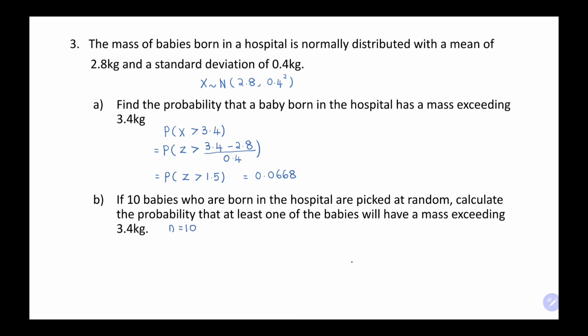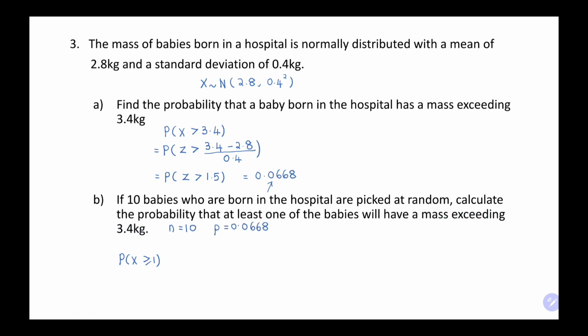We want to find the probability of at least one baby, so P(X greater than or equal to 1). The probability that a baby has a mass exceeding 3.4 is 0.0668. So our P is 0.0668.